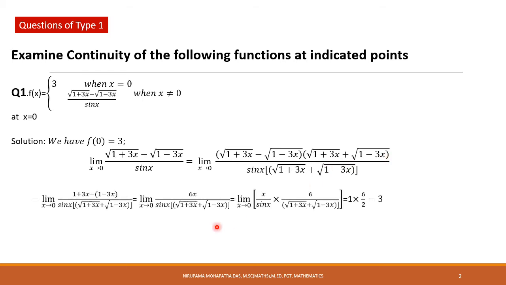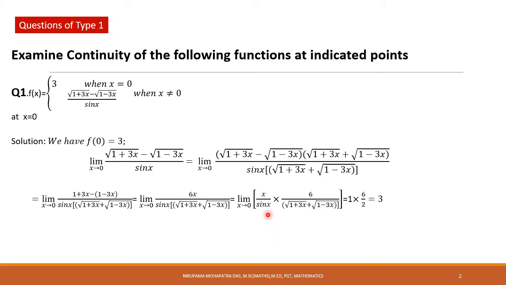Now we are getting limit x approaches 0, and after the calculation we get 6x divided by sin x into under root 1 plus 3x plus under root 1 minus 3x. That is equal to limit x approaches 0 of x by sin x into 6 upon this.